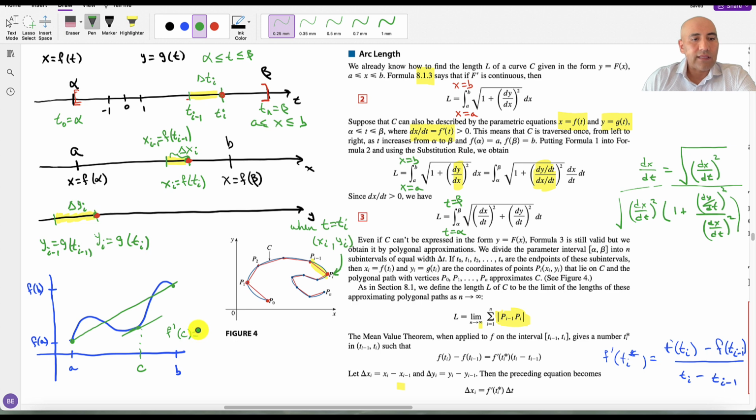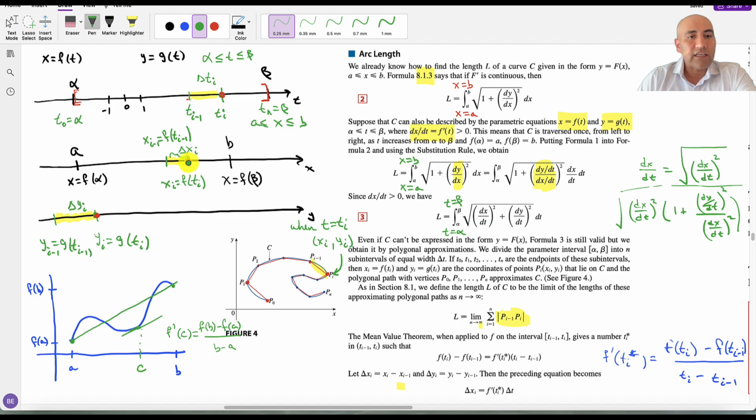And the slope of the secant line that connects the two endpoints is the change in y, which would be f of b minus f of a, divided by b minus a. Right? So that's the mean value theorem before. And so we're applying that to this. As t changes in this interval, that'll have a corresponding change along the x-axis.